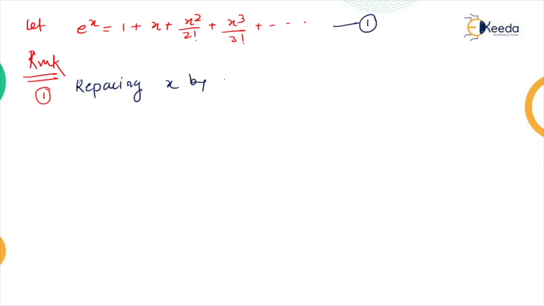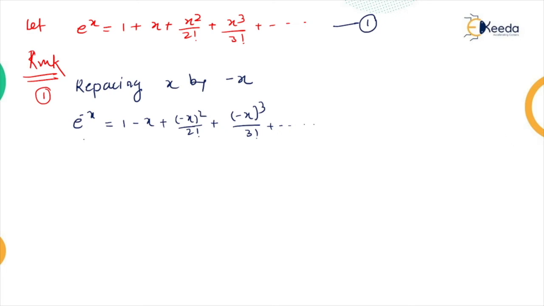So what will you get here? Simply e to the power minus x, that is equal to 1 minus x plus minus x square divided by 2 factorial plus minus x cube divided by 3 factorial plus, and so on.